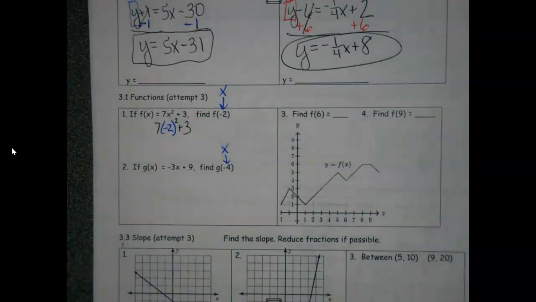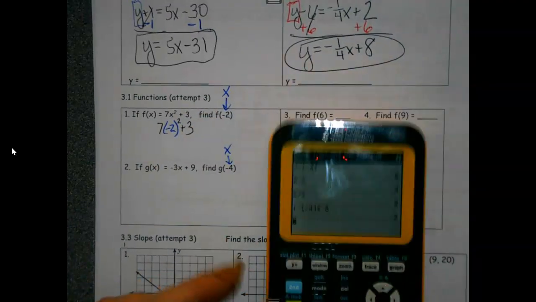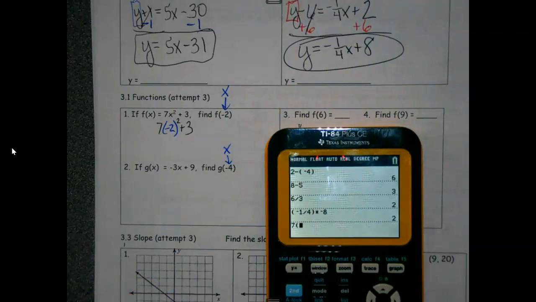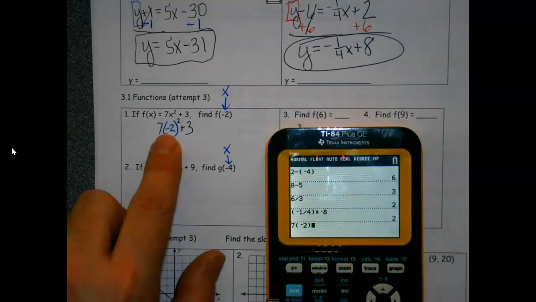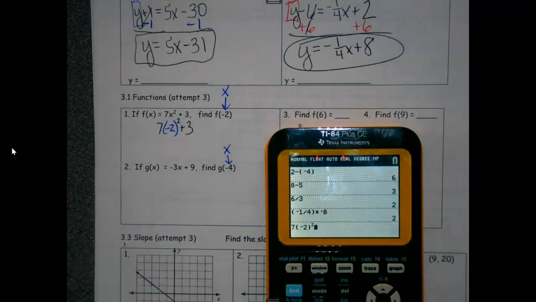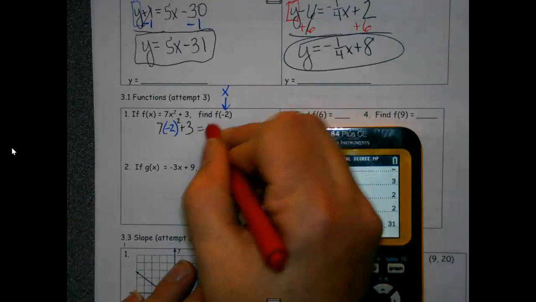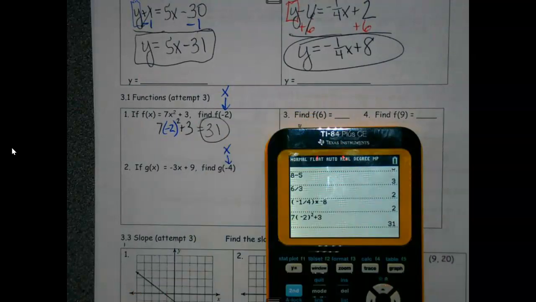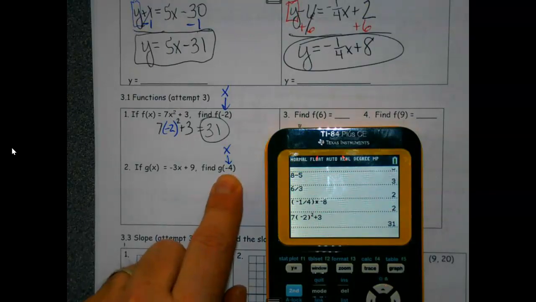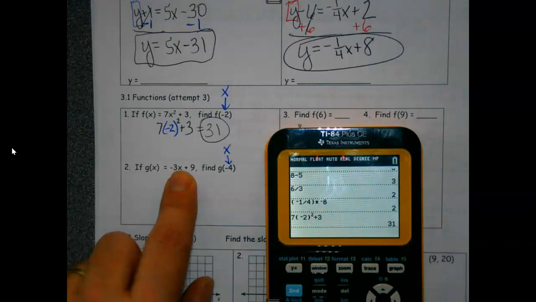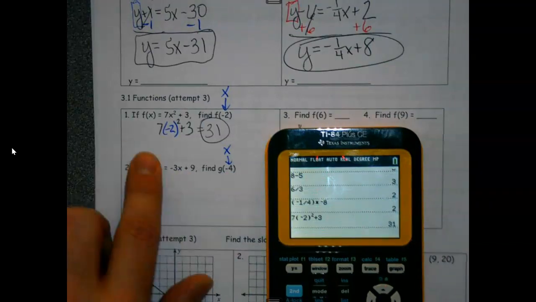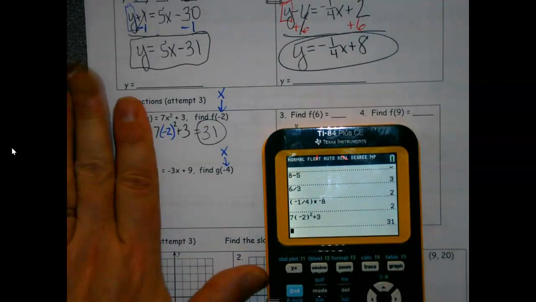And at this point, if you remembered that part, all you have to do is type this into your calculator and you're in business. That's all this f of stuff is: you taking the number in the parentheses and taking out the x and substituting it. I don't need to do anything with this at all.